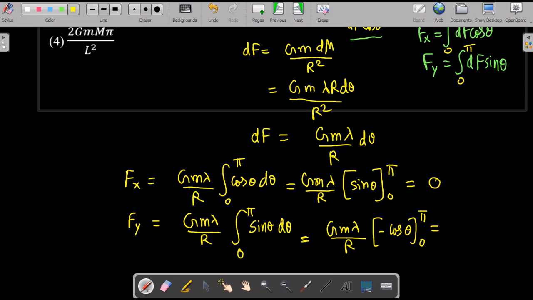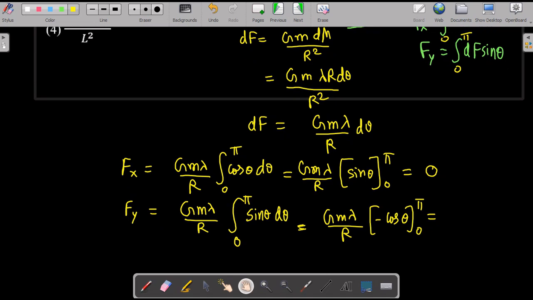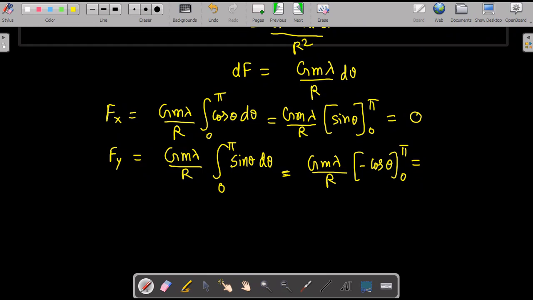So cos of pi is minus 1, so minus will give us 1, and again minus minus plus cos 0 will give an extra 1, right? So plus 1 plus 1, that will come as 2 G m lambda by r.